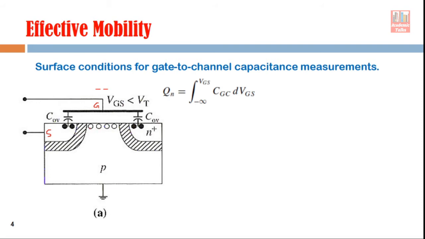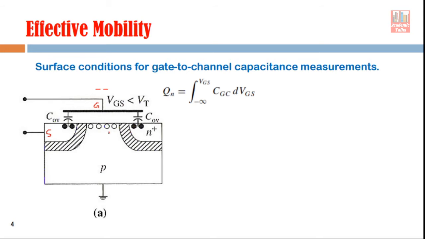Since it is not connected, this portion and this portion will not interact with each other. So if we measure capacitance between these two electrodes, that capacitance is actually the overlap capacitance, gate source overlap capacitance and gate drain overlap capacitance. Only these capacitances are counted, because this portion is not connected to this electrode, right?